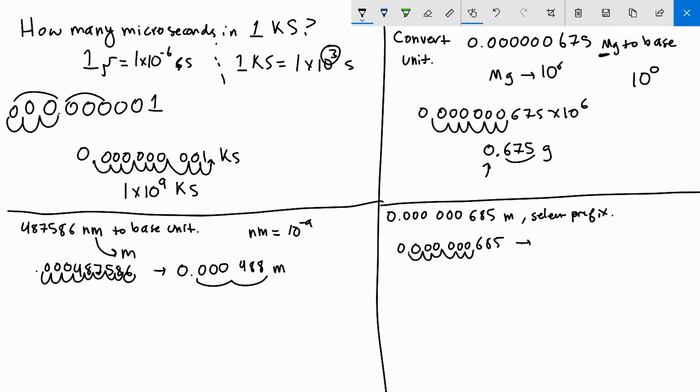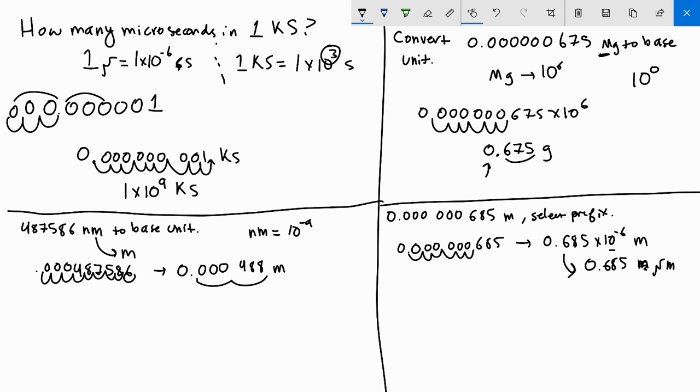So that means that this is going to become 0.685 times 10 to the negative 6 power, which, when you select a prefix, you drop that times 10 to the in your exponent, and you're left with 0.685 micrometers.